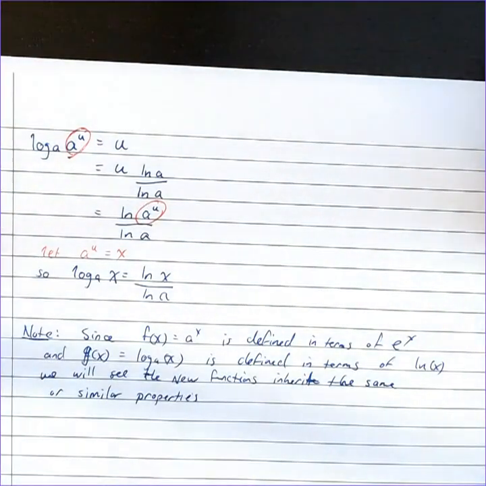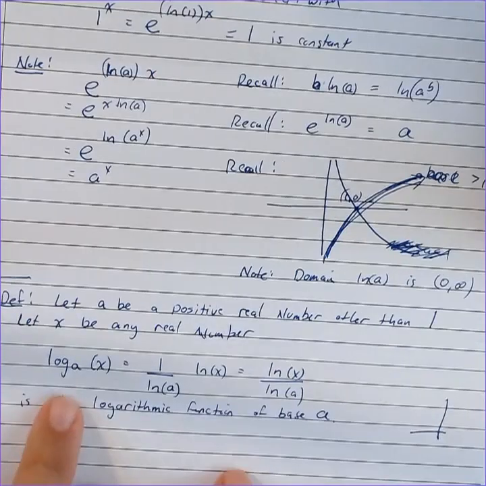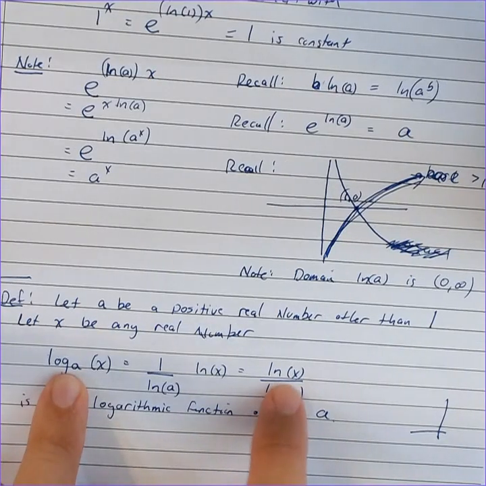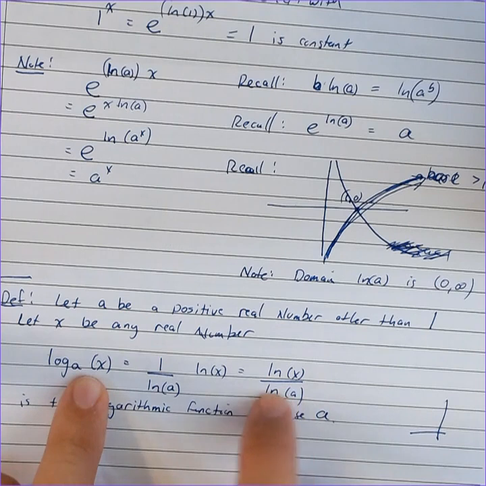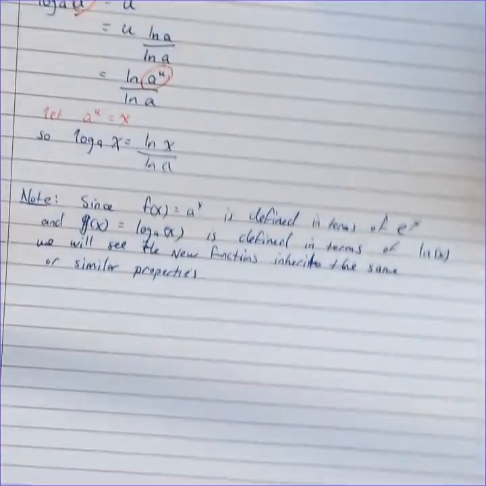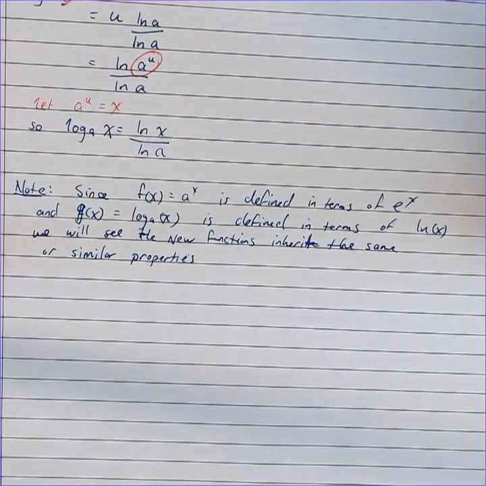After all, if the logarithm base a is exactly the same as the natural logarithm of x, as long as I divide by the correct number, well, whatever is true of the natural logarithm of x is going to be true of the logarithm base a, except maybe for a little constant there. So let's see how that works.